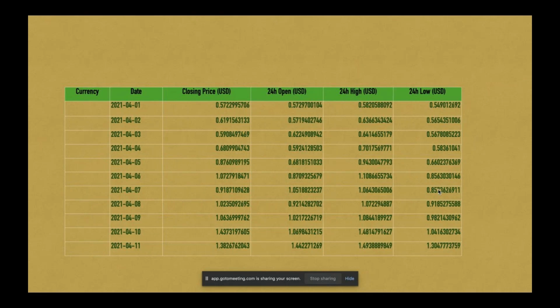Because say, for example, 94 was your short. What's the MM on that one? 84. What was your low? 85. Bullish. Bullish.